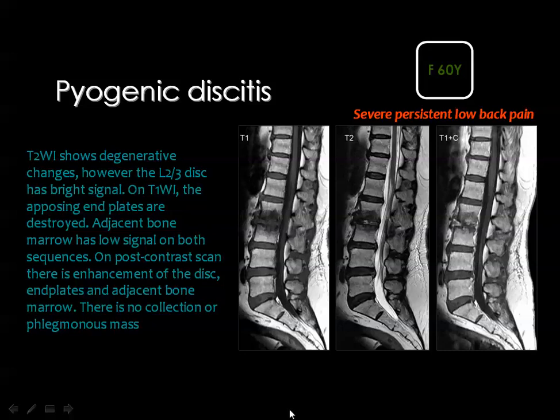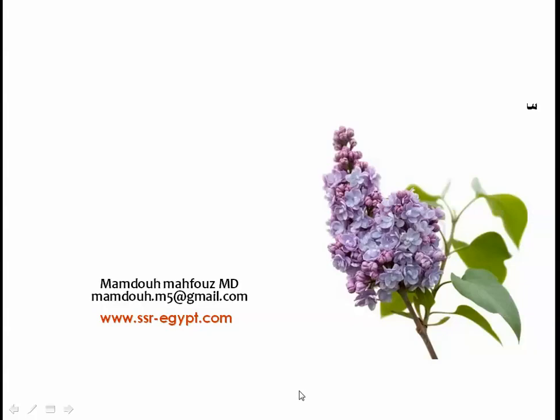And you can also see that the brightness in the disc substance secondary to infection is regressing. And also, if you inject contrast media, you may see some enhancement at the level of the disc lesion. And if there is granulation tissue, the granulation tissue will be regressing as well.